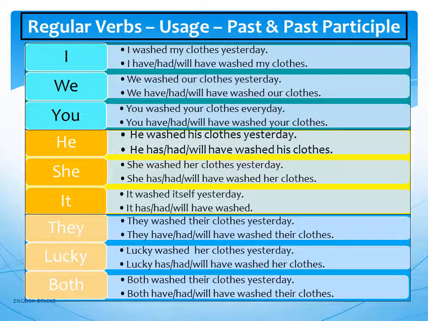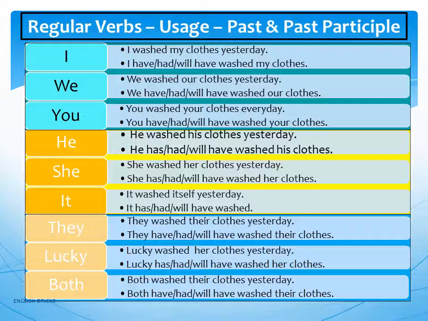Now we are going to have a look at how these regular verbs are used in the past and the past participle form. Now what is the condition here? For the past form and the past participle form, the form of the verb is the same, ed. Now I've used the same example here. I washed. For the past participle, we also use it.